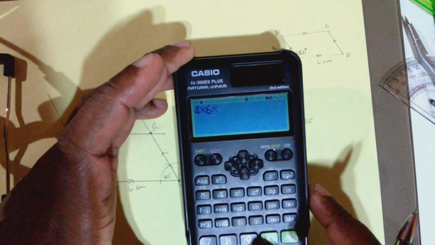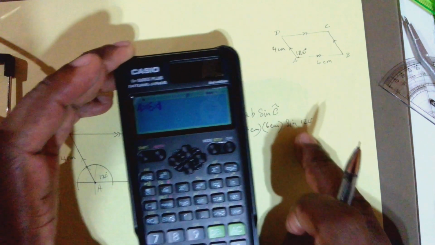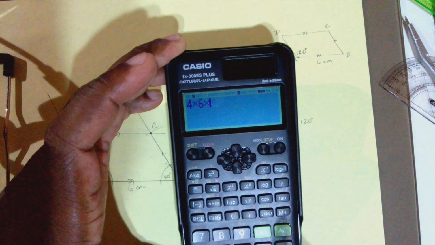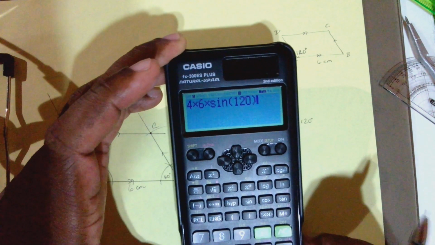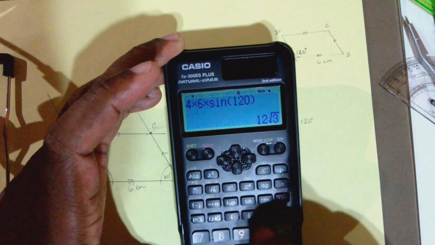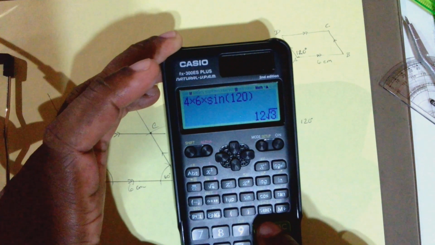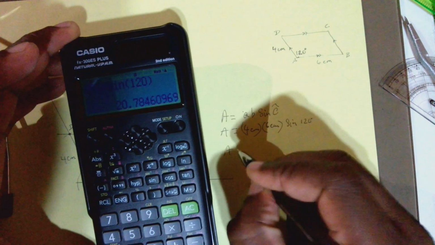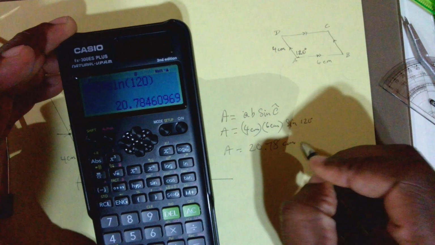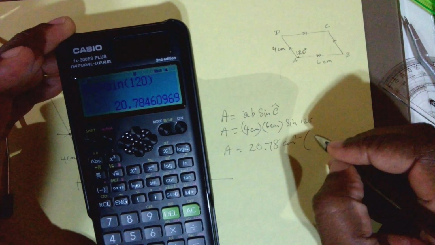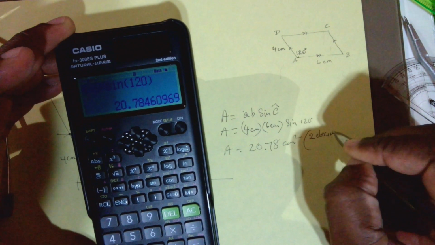So it's 4 times 6 times sine of 120. And pressing the S-D button here, we get an answer of the area being 20.78 centimeters squared, corrected to 2 decimal places.